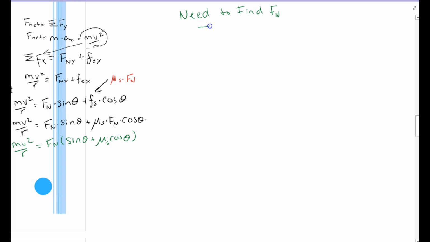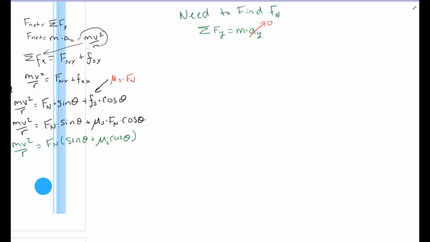We look at the sum of the forces acting in the y direction, equal to the mass times the acceleration in the y direction. We're not seeing any movement up and down on the ramp; it stays in the same plane as it goes around the corner. So my acceleration in the y direction is 0.